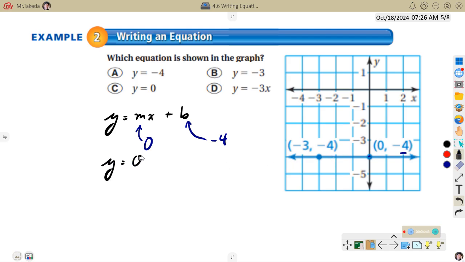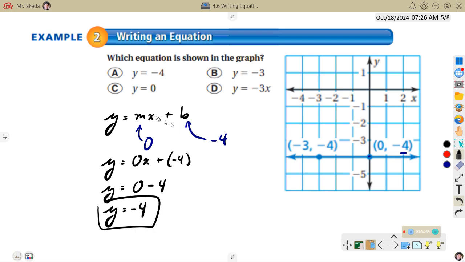Y equals 0 times x plus -4. Well, 0 times x is just 0. Plus -4 is subtracting 4. 0 minus 4, y equals -4. All right, so that would be the first one here. That's one way you can look at it.